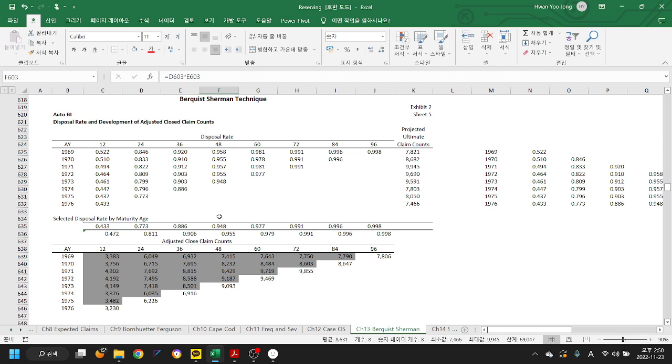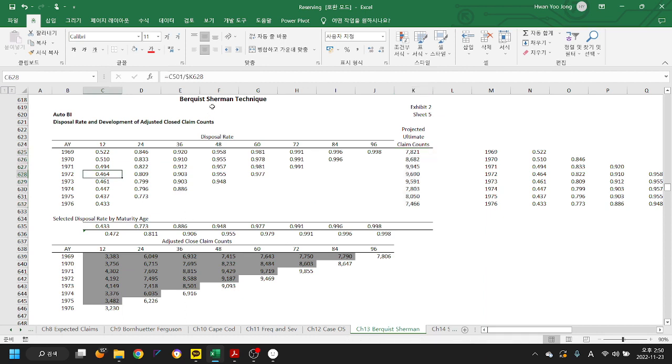I'm obliged to settle the claims, right? And then the disposal rate means how much proportion of the total claims which I'm liable to pay out has been settled, right? And that should be based on the estimated ultimate claim count.